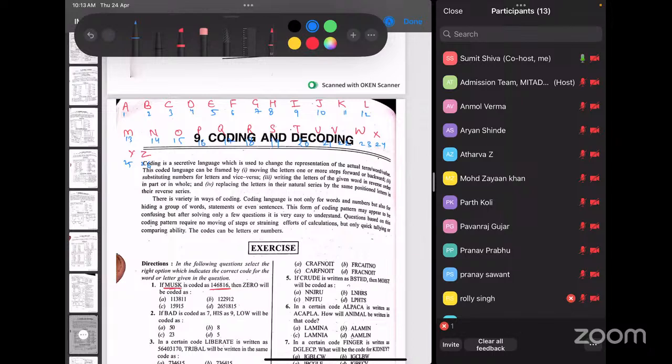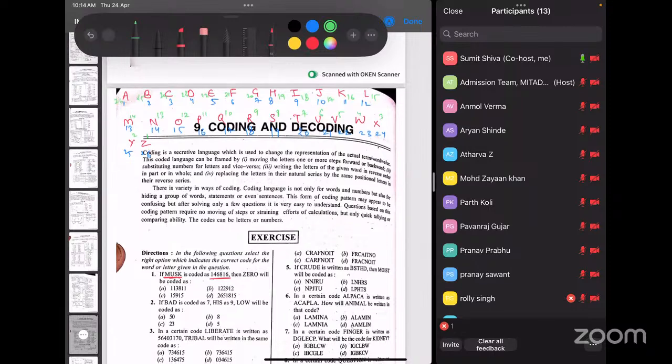If you take it in reverse direction, this will be 1, 2, 3, up to 26 from Z to A.